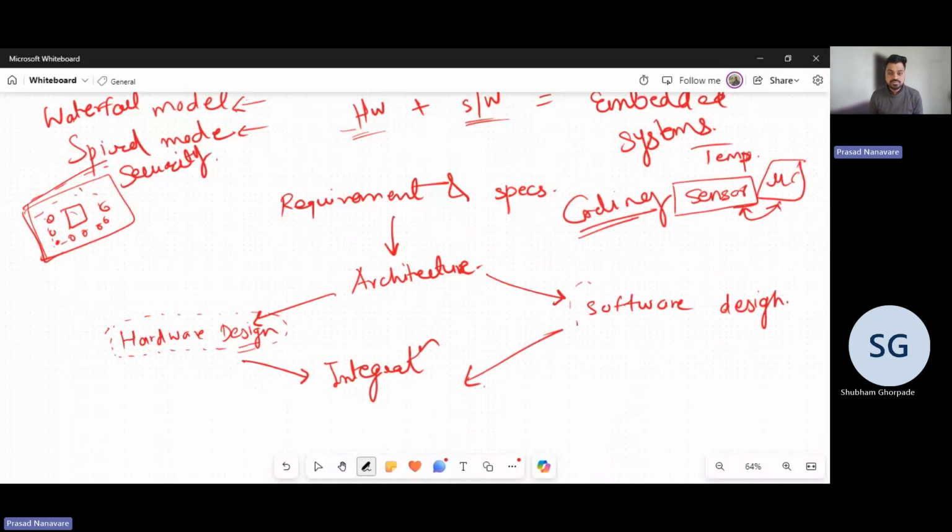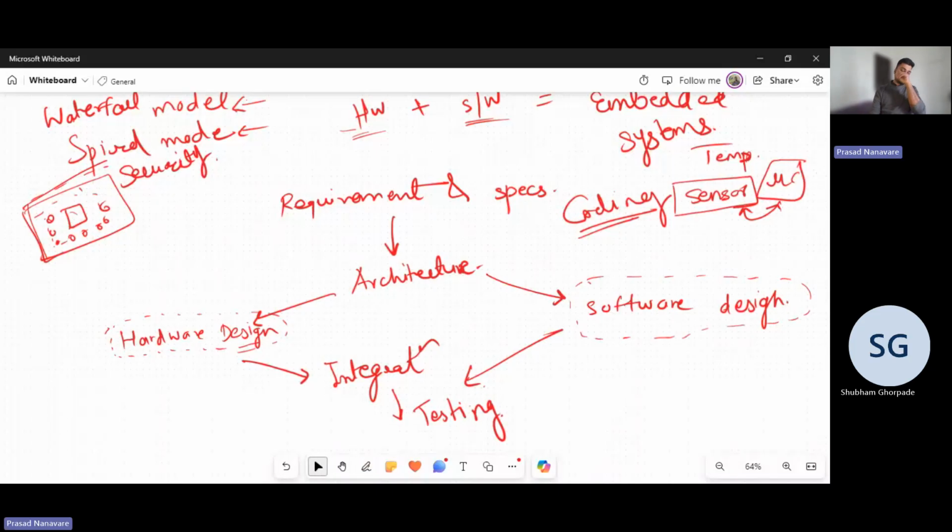So now the integration phase is something that will combine them. And then there will be testing in the end, and this testing will be combined.